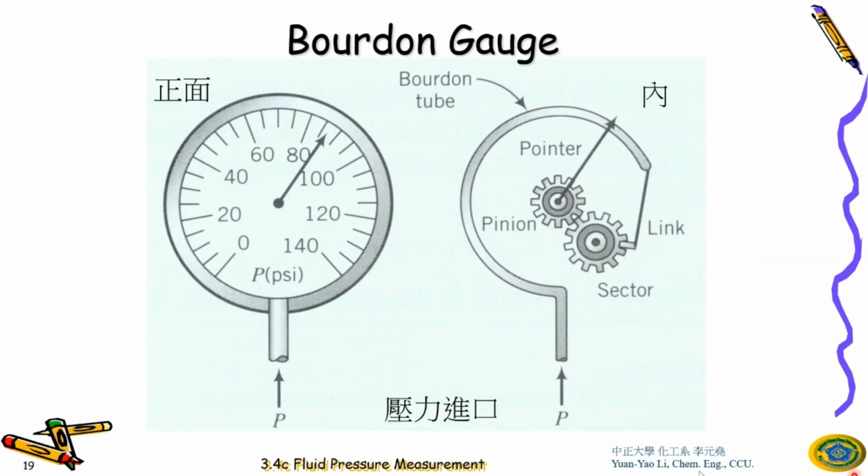This is from your textbook. Anybody want to tell me what PSI stands for? 0.5 points. I will probably fail 1 out of 3 students in this classroom, but this is a good time to raise your hand to get points. Raise your hand. You don't like 0.5 points?